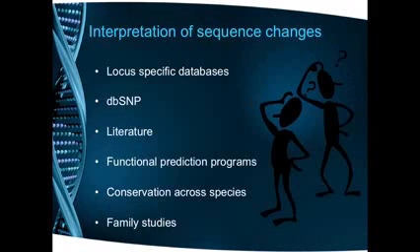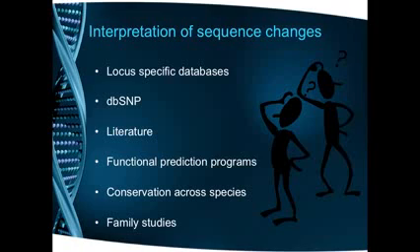No matter what you use in a diagnostic laboratory, you have to be able to interpret what you find. And how do we do that today? Well, we use the locus-specific databases. There are such databases for many diseases. We use the SNP databases. Of course, we check the literature to see whether something has been published in multiple patients. We use functional mathematical prediction tools.